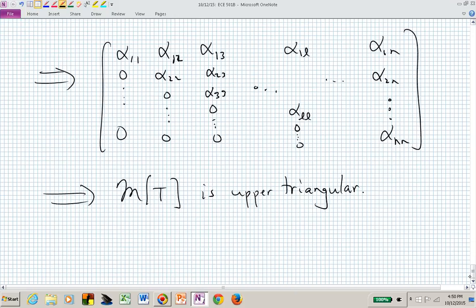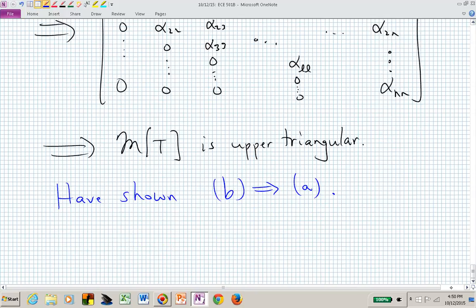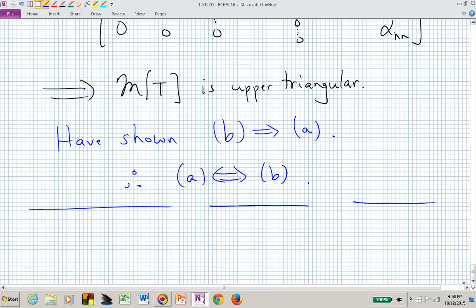So now we've shown B implies A, we just earlier had shown that A implies B. Now we know that A is equivalent, or if and only if B. And that's part one of our two-part proof.